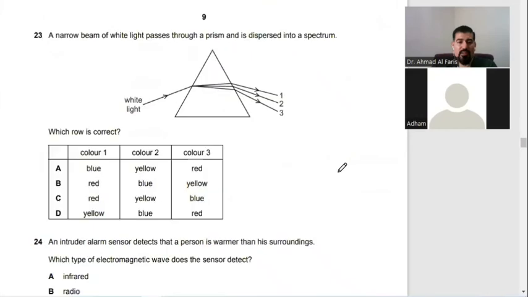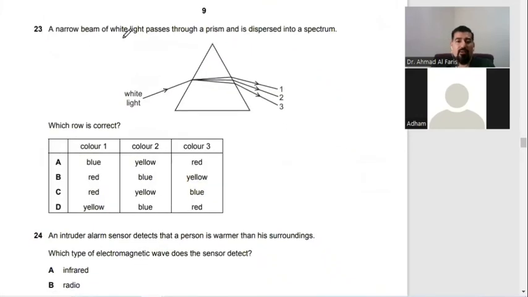Question number 23. A narrow beam of light passes through a prism and is dispersed into the spectrum. This is white light, not monochromatic. I told you about Messi and Cristiano Ronaldo. Cristiano Ronaldo is playing with Manchester United, which is the red, while Messi is playing with Barcelona or Paris Saint-Germain, which is blue or violet.